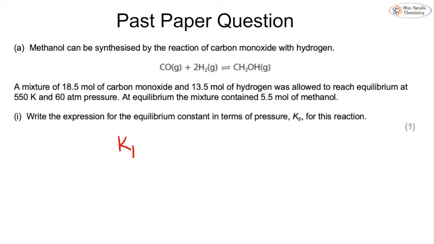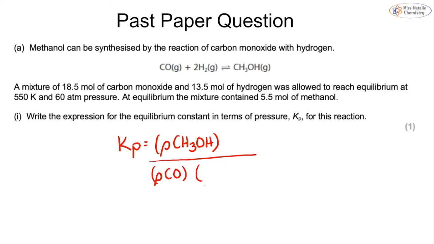So Kp is going to be equal to the partial pressure of the CH3OH over the partial pressure of the CO multiplied by the partial pressure of the H2, and that has to be squared because it is a coefficient of 2.